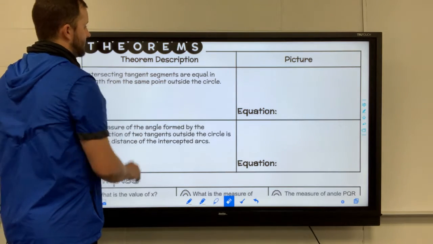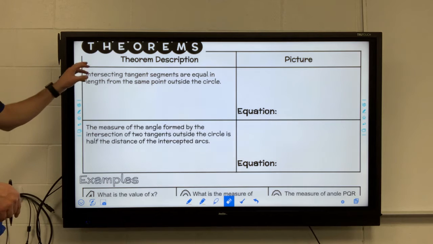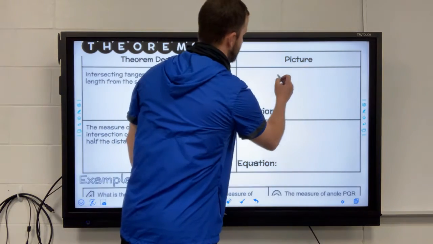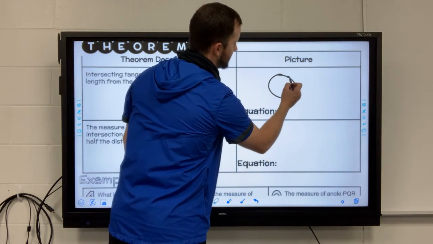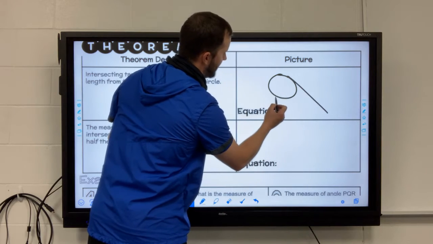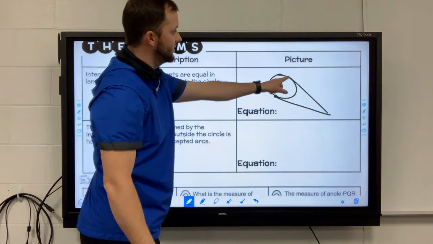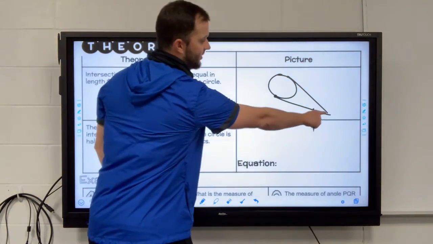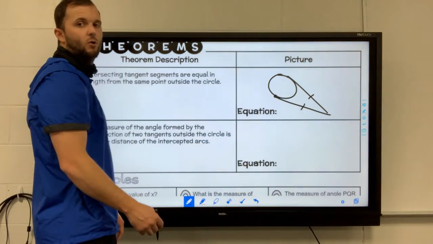Okay? So let's look at some theorems that we're going to use when dealing with tangent lines. Intersecting tangent segments are equal in length from the same point outside the circle. So what that means is that if I have a circle and a line that is tangent to the circle going out this way, and a line that is tangent to the circle going out this way, meaning touching the circle at 1 point, and they're intersecting outside here, those two line segments are going to be congruent to each other.